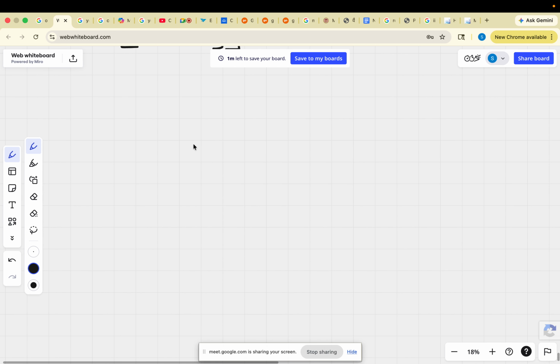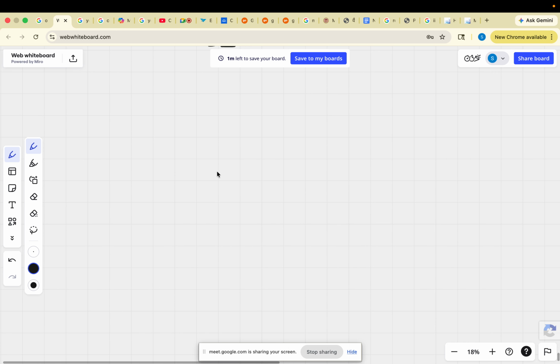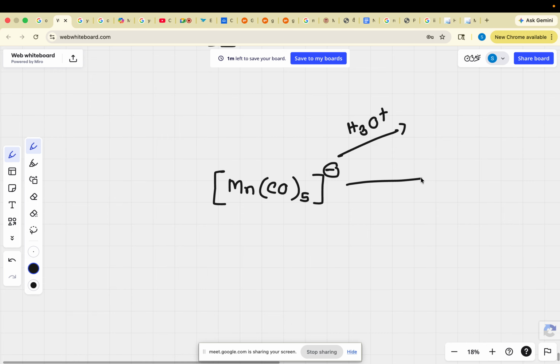So now let's see some examples. Suppose here you have manganese CO whole 5 with a negative charge. Write down the product. The two reactions we have already done: H3O plus and CH3I. Now, apart from that, you are reacting this compound with R3SiCl, trialkyl silyl chloride.